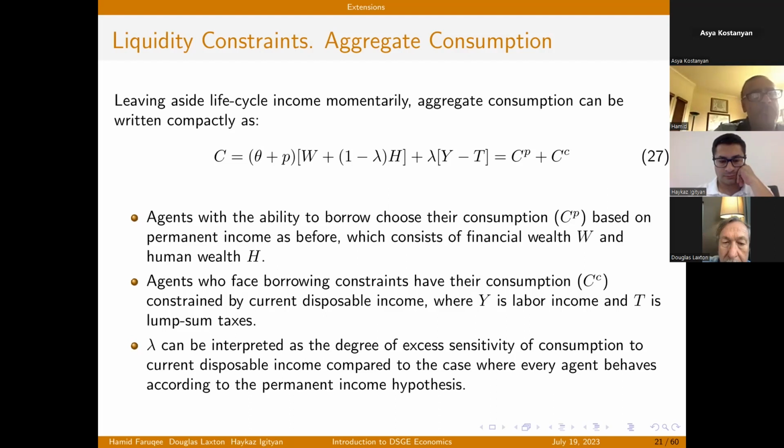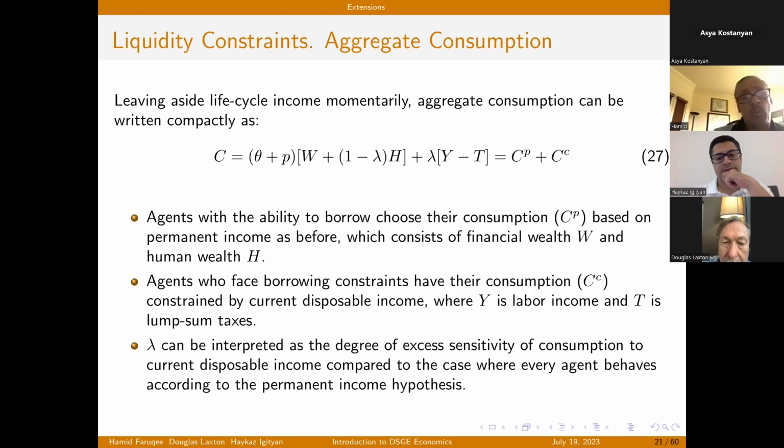The first part you saw before, which was coming from the consumption function in the absence of liquidity constraints. In the case of log utility, you consume a fixed fraction of your permanent income, W plus H. Now, in this case, permanent income consumers aren't the entire population, they're only 1 minus lambda of the population.